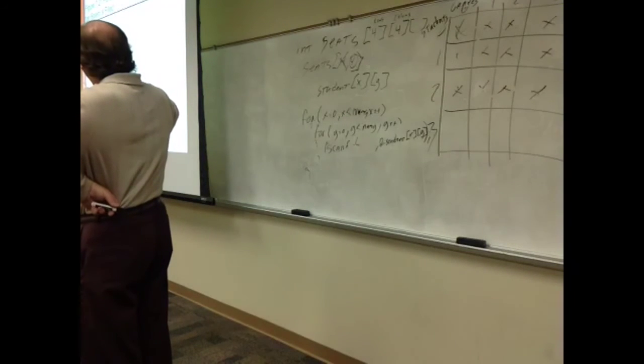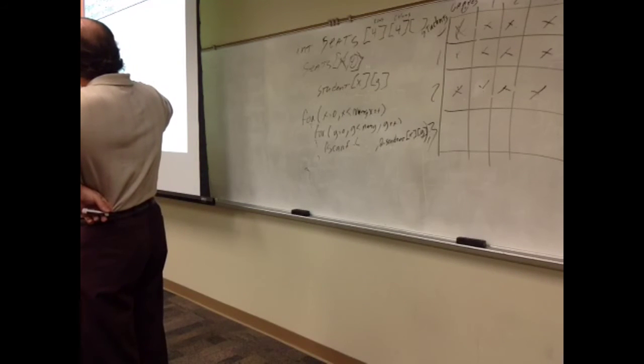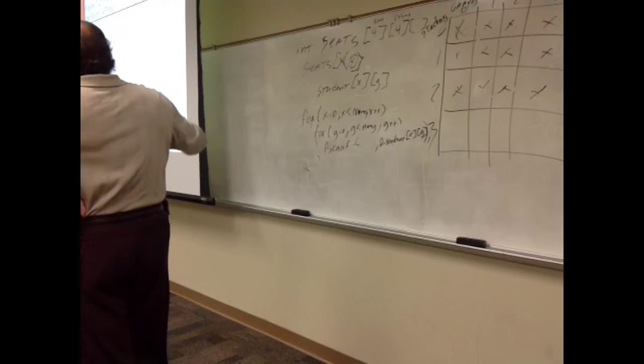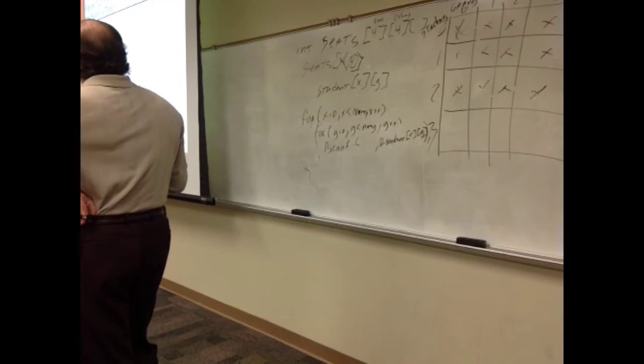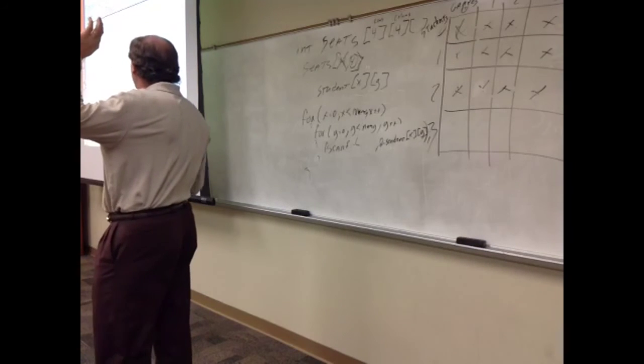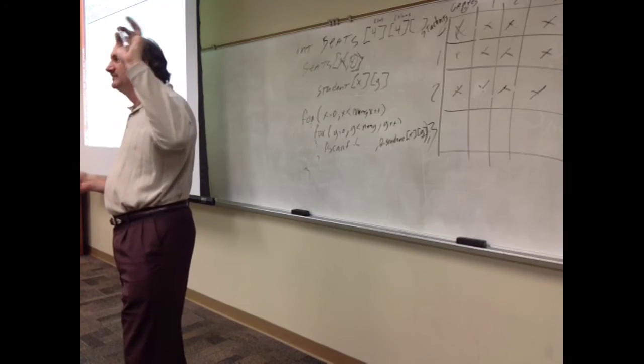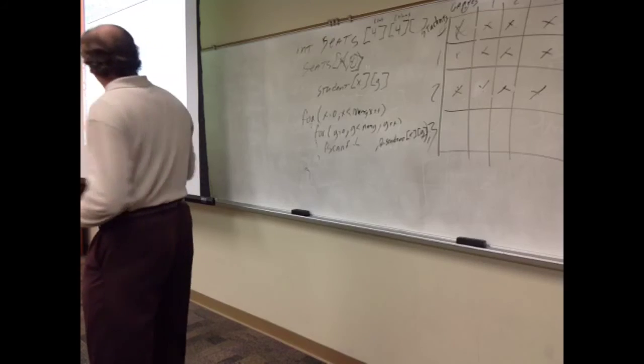So int row and column, so there are our subscripts for our rows and columns. And then an answer, and they're going to set it to 1. We're going to assume that the board is filled. Let's go through and look for a blank.